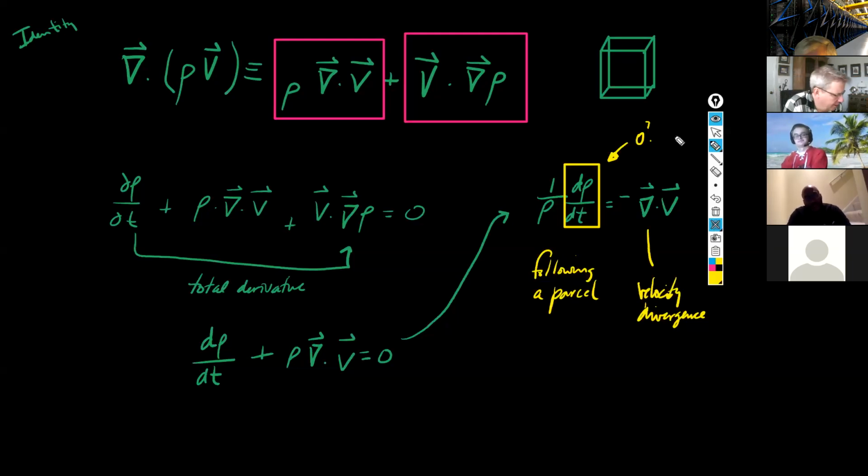I just asked you this. What kind of a parcel is this? It's a Lagrangian parcel. Can the density change of a parcel? Think about it. Can the mass change of the parcel? No. Can the volume change? Yes. So can the density change? Yes.